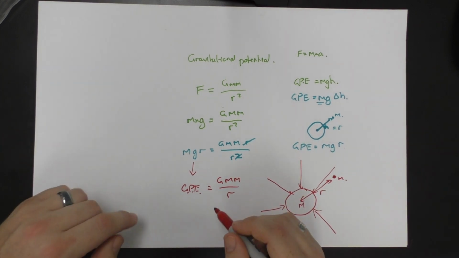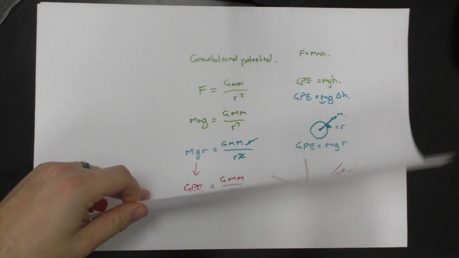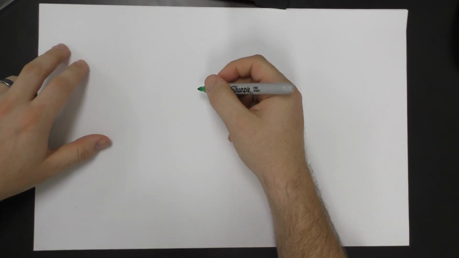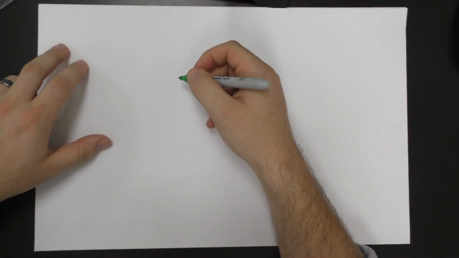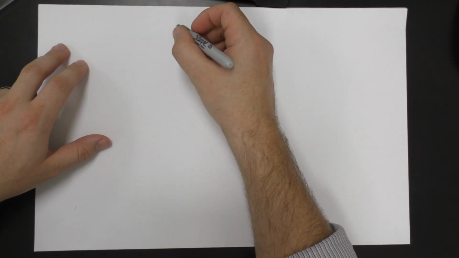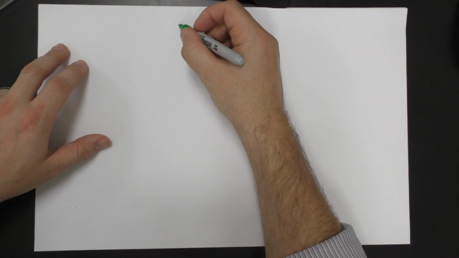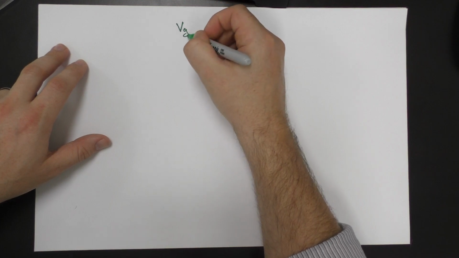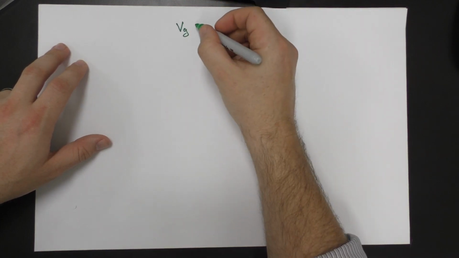So we're going to take that equation, and I'm going to use a new sheet of paper here. I'm going to take that equation and do something else with it now, to introduce you to potential, because actually all we've done so far is gravitational potential energy. What I want to introduce you to is gravitational potential, otherwise known as Vg. It's usually the term for it.